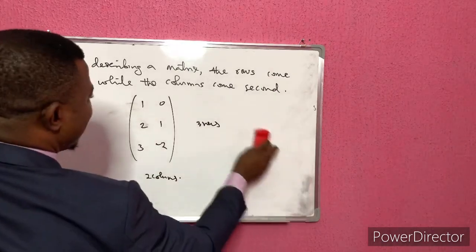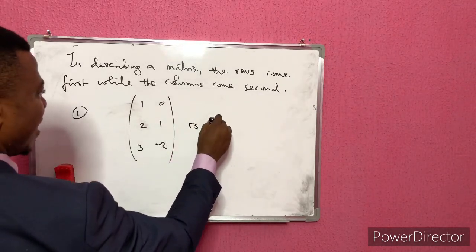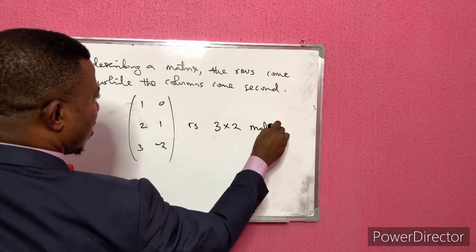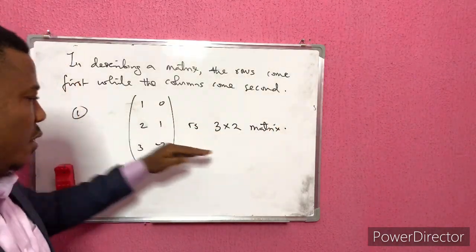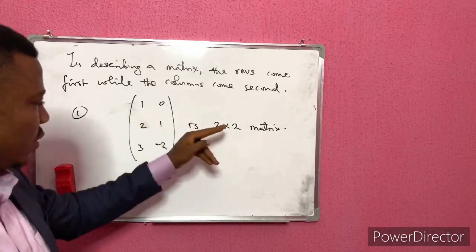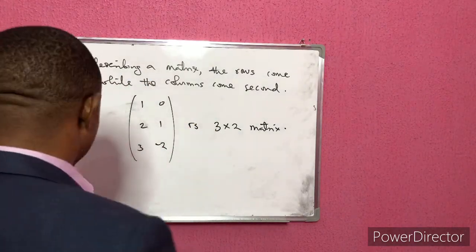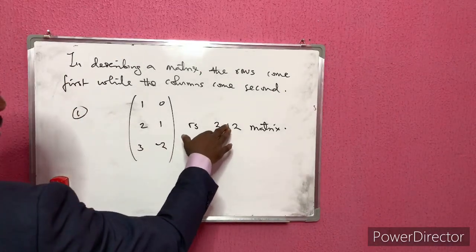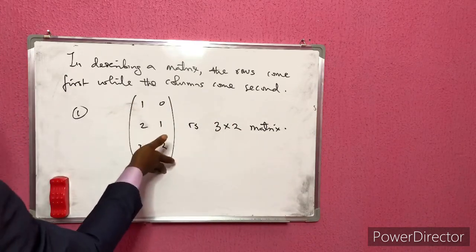So in that case, we are going to say that this is a 3 by 2 matrix. You see, we name the row before the column. The 3 stands for the 3 rows, and the 2 stands for the 2 columns. So this 3 by 2 is the order of this matrix on the board.